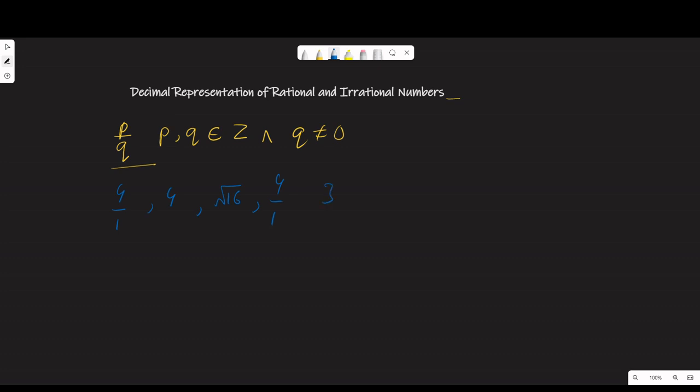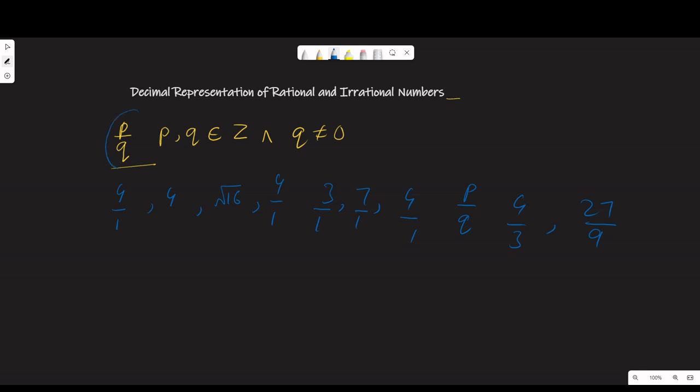So these are all rational numbers. 3, 7, 4, all of these are rational numbers because they can be written in the form of P over Q. 4 by 3, 27 by 9, all of these are rational numbers.